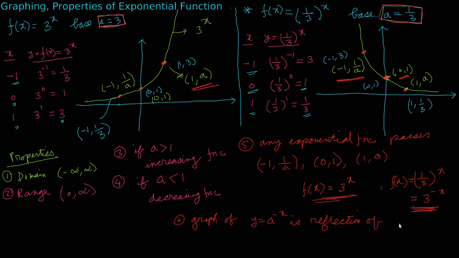A power x. Reflection of a power x about which axis? The y-axis. So if you reflect one function about y-axis, you get the other. Okay, so these are some properties of exponential function.